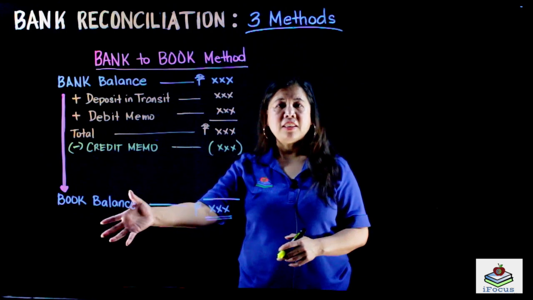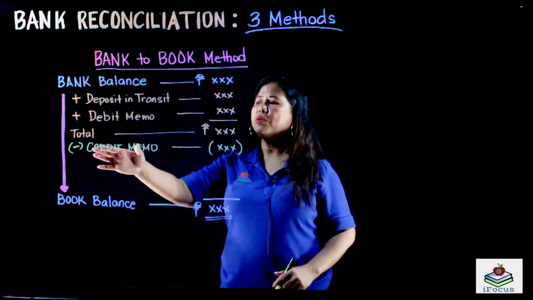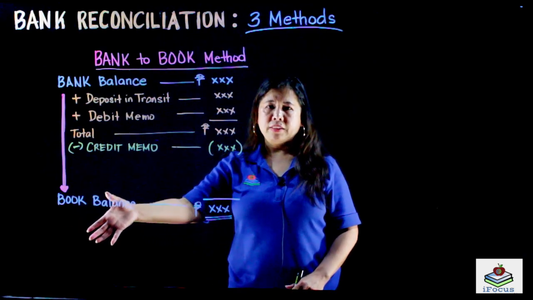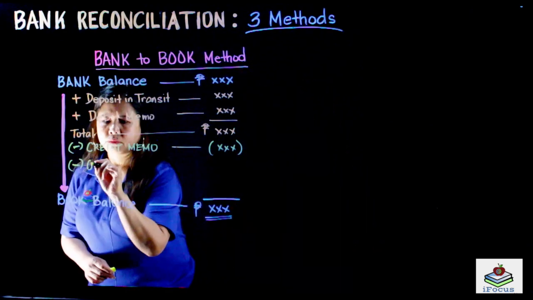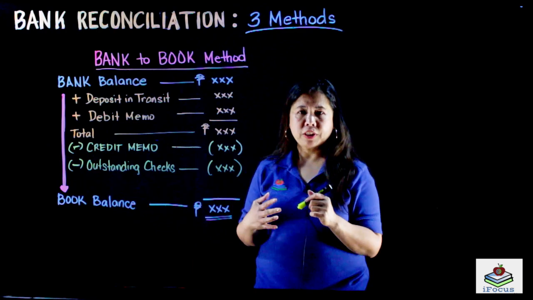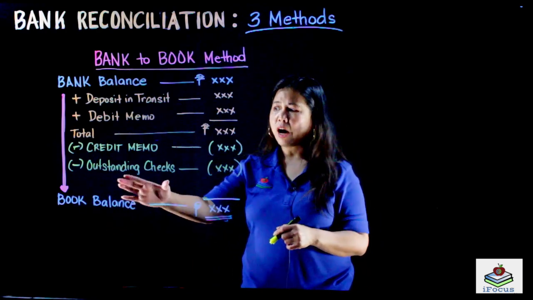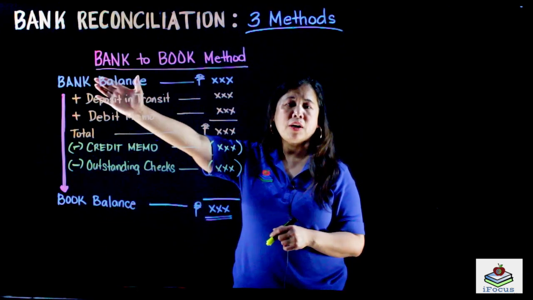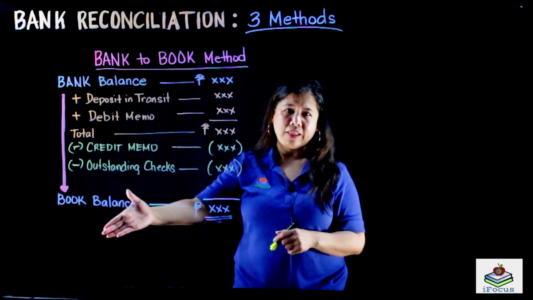Para makita natin ang book balance, i-minus natin yung credit natin sa bangko to get our book balance. Then, i-minus din natin ang ating outstanding checks. Alright, bakit minus ang outstanding checks? Kasi sa book balance, na-minus na yung outstanding checks. So, sa bank balance, ibabawas natin yan para makita natin kung magkano ang book balance.